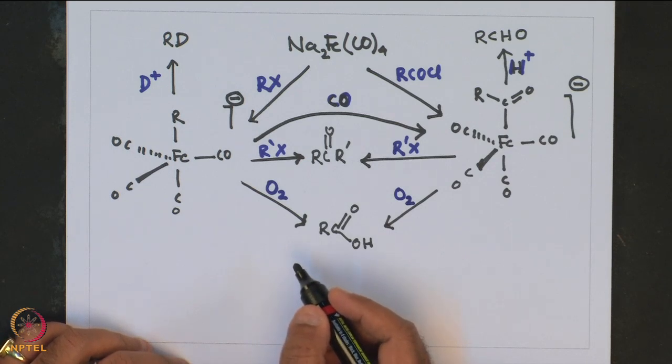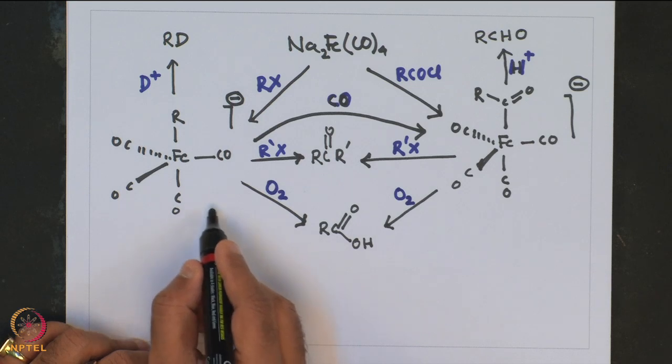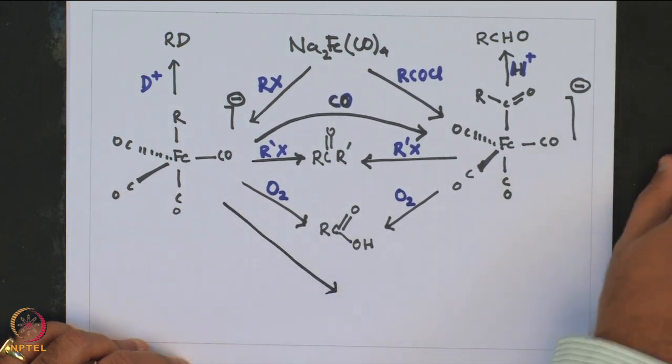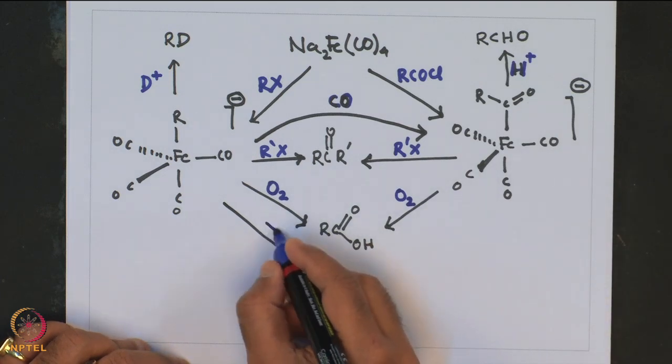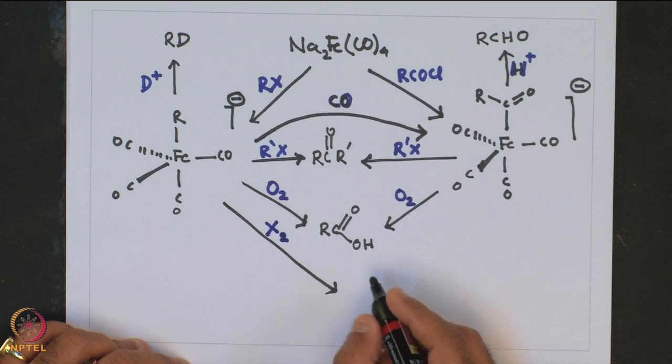Similarly, when this alkyl complex is treated with halogen X2, then one gets the acid halide.